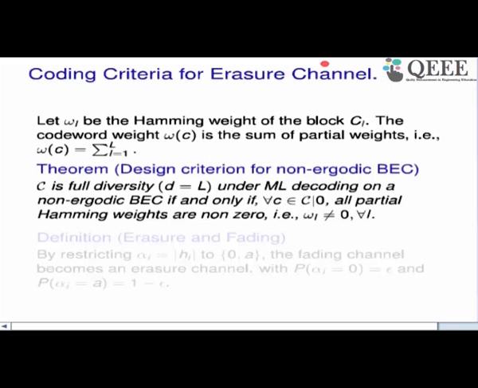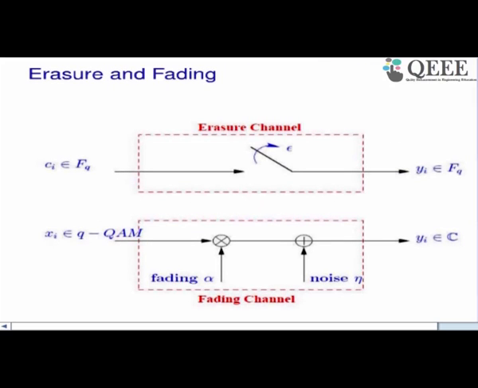Now you can simply imagine that if C is a full diversity code under ML decoding on a non-ergodic channel, all partial Hamming weights are non-zero. Okay, that means either you receive the block properly, so you get exactly what you transmitted, or in the second case you don't receive anything at all. That is an erasure channel. So the first block basically models your erasure channel.